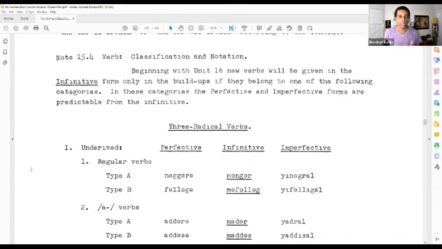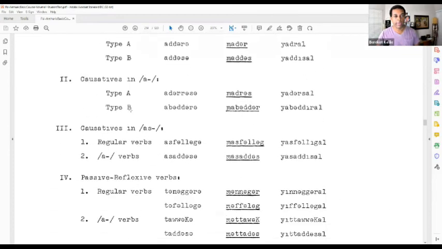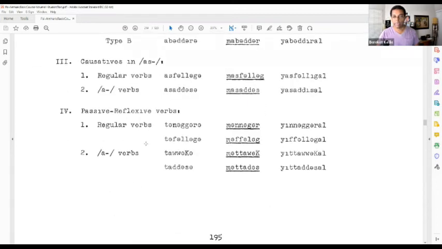So I'm not sure what that's referring to, but this table is definitely good to get familiar with. Again, partly just to know what the vowel distribution is between the type A and type B forms, and then seeing how it evolves as you go from the perfective to the infinitive to the imperfective, and looking at the regular verbs, the causatives in as, and then the passive reflexive verb forms.